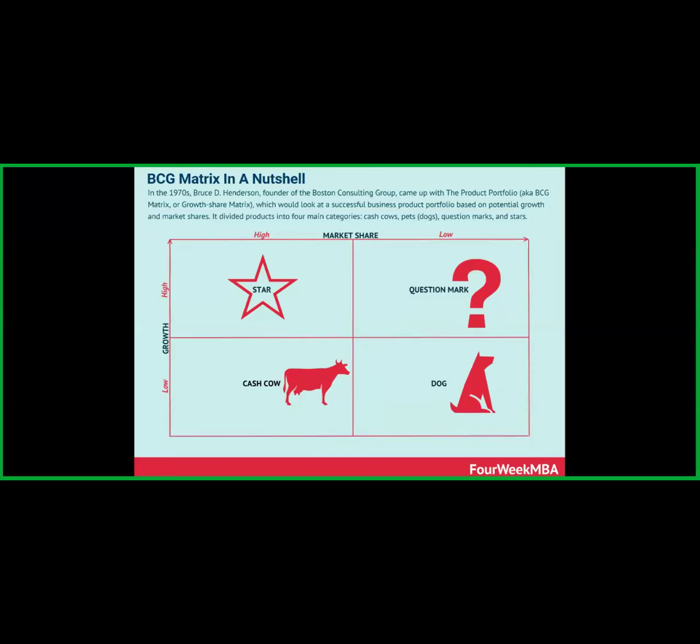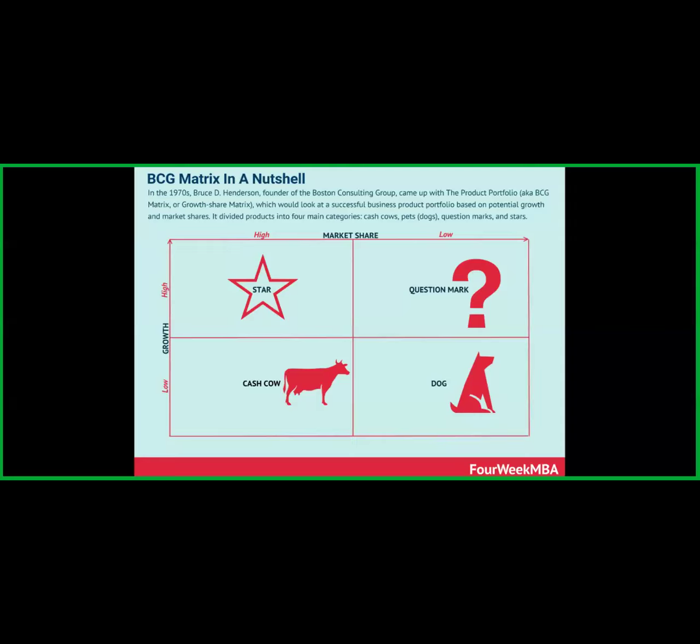Last quadrant is dog. Now under dog, the meaning of dogs is the products of the company which have low market share in a low growth market. So here potential is also not very high.